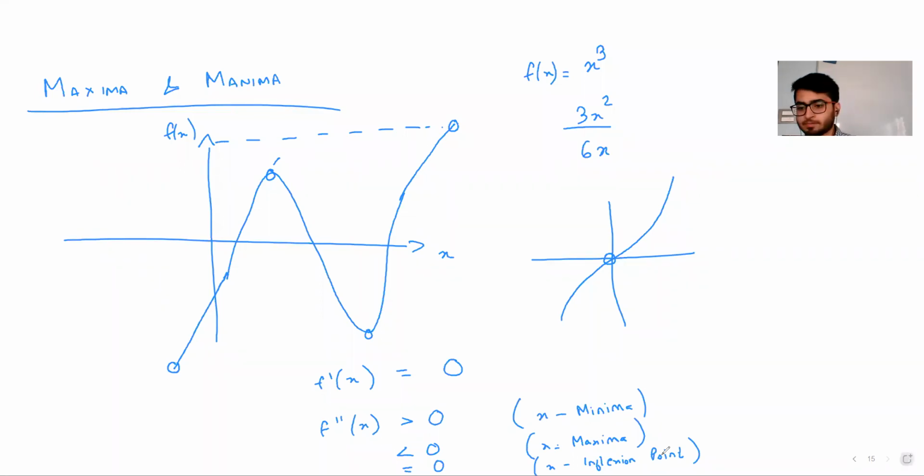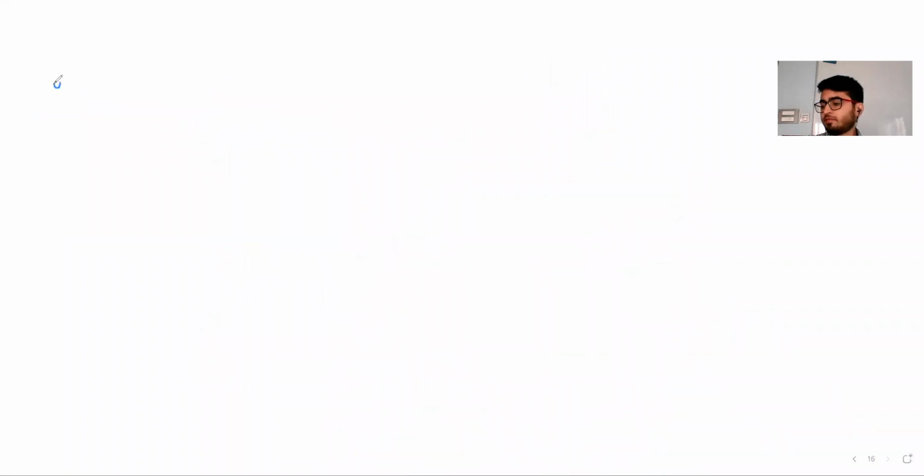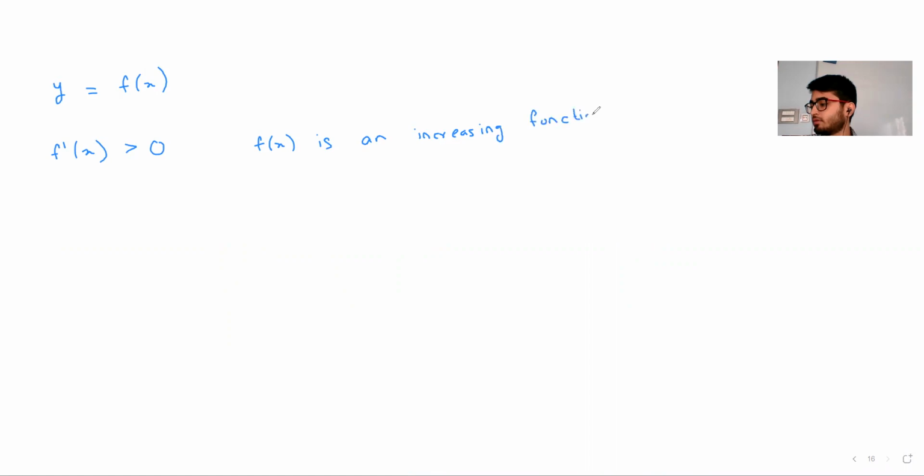From here, if we have a function, let's say y equal to f x, and f dash x is always positive, then we say that f x is an increasing function of x.